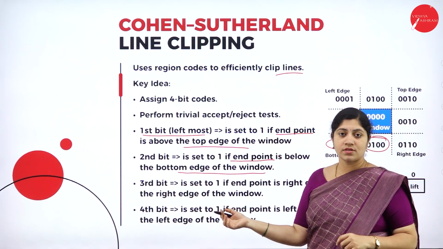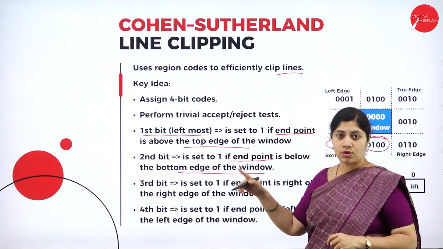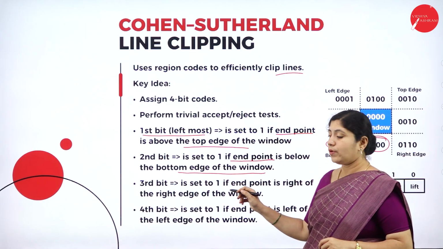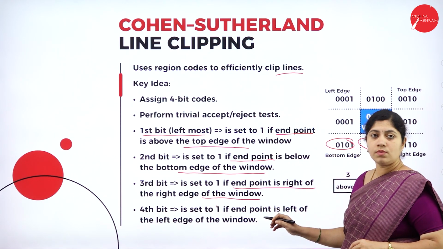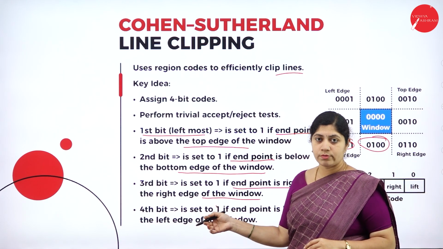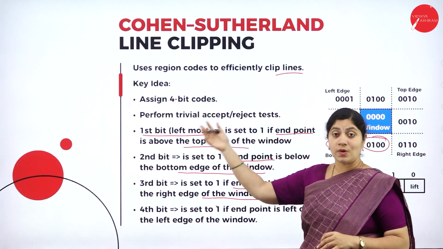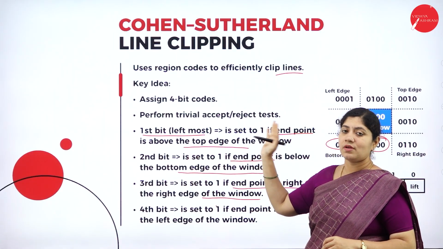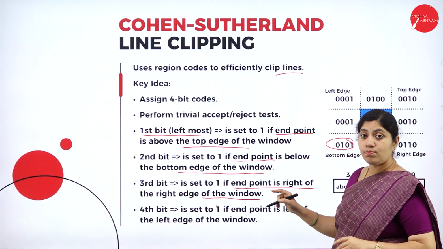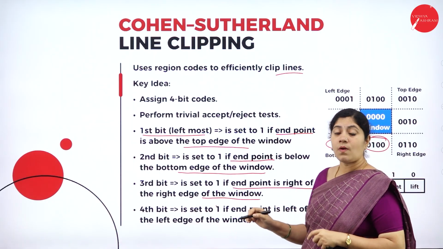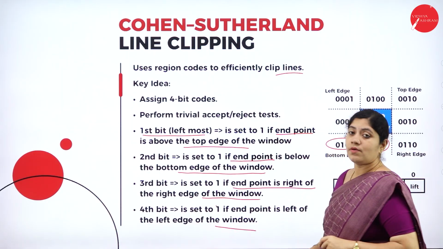Next, the third bit. If the third bit is set to high, then the endpoint is right of the right edge of the window. With respect to the fourth bit, if it is set to high, then the endpoint is left of the left edge of the window.